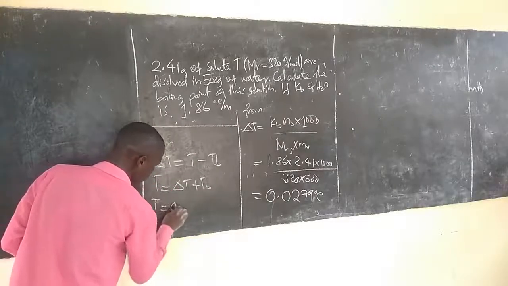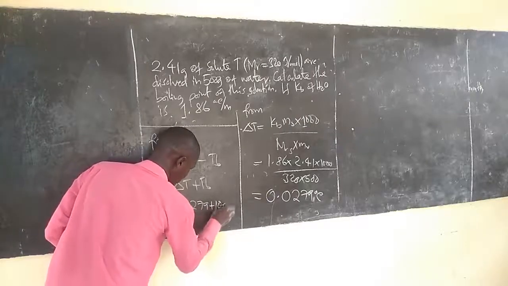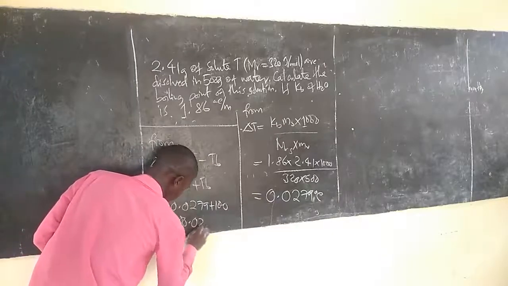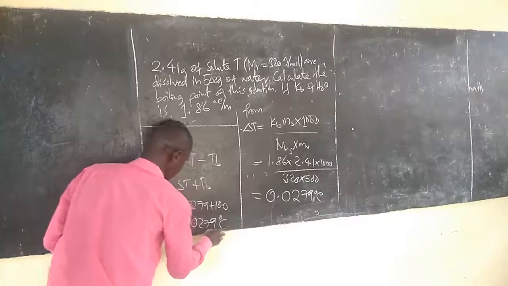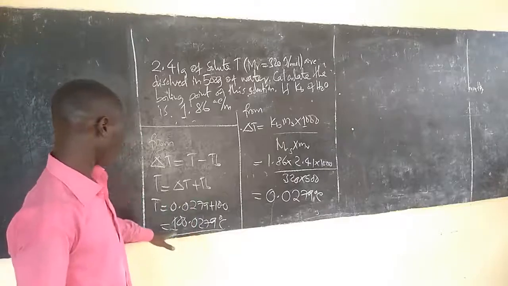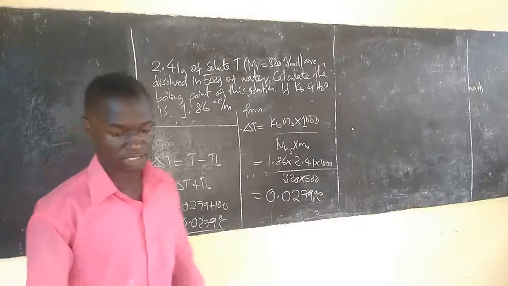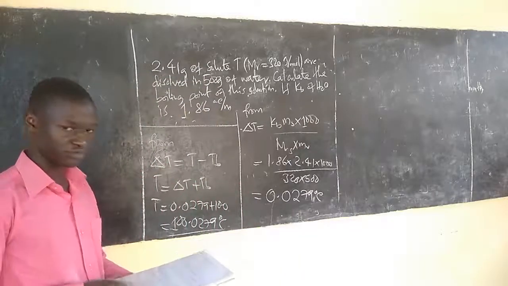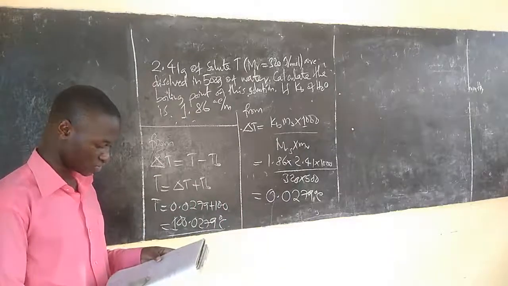So T will be equal to 0.0279 plus 100, which will be equal to 100.0279 degrees Celsius. This should be the boiling point of the solution. If you approximate it, you get 0.028 degrees Celsius, the boiling point of our solution.